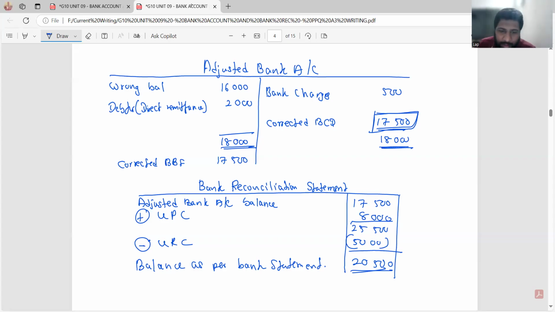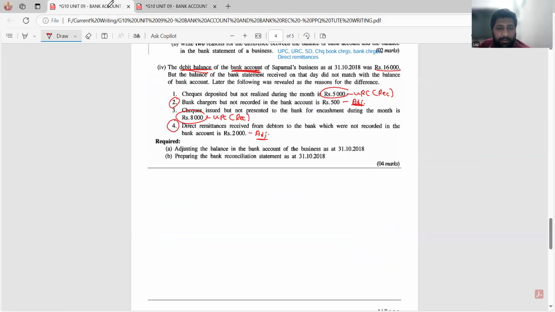So better to write the date also. 31st October 2018.